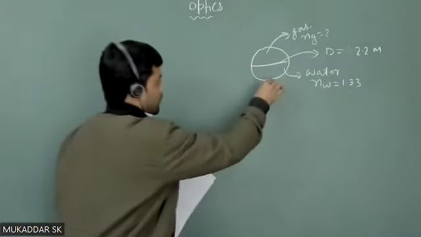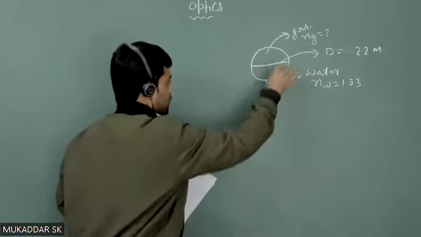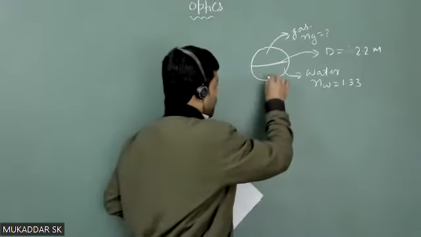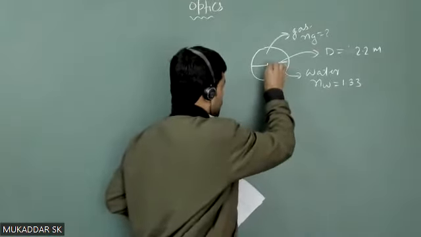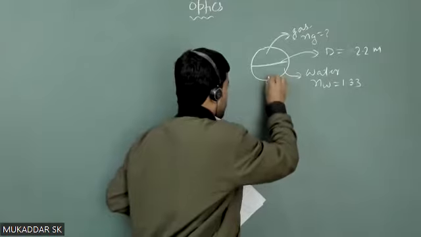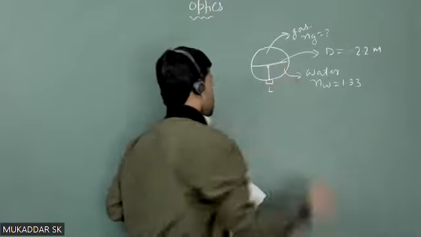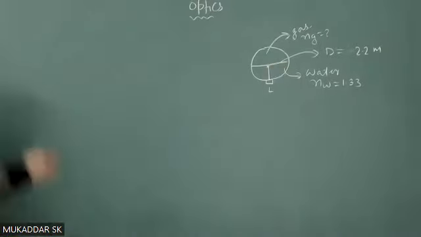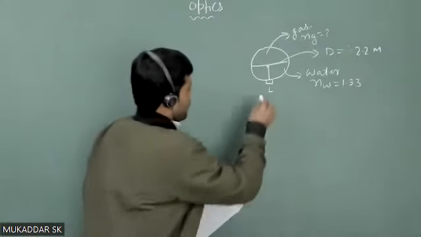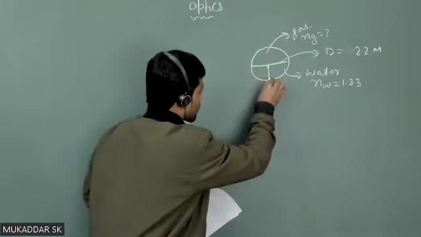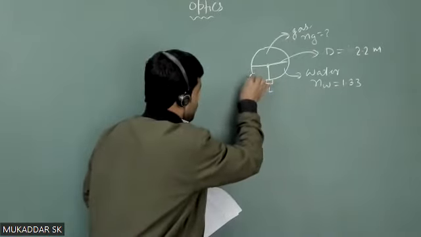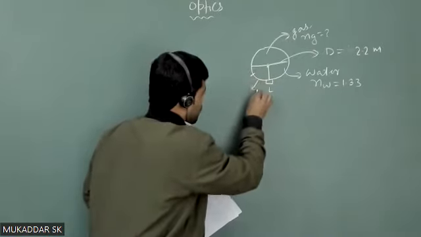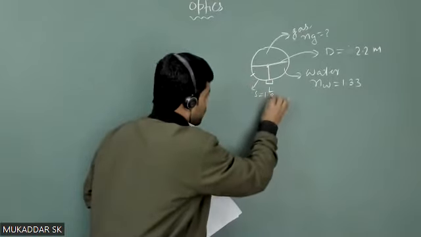This laser source can move on the surface of the cylinder, and the beam from this laser is pointing where? At the center of this cylinder, right? And it is given that when the source is at a distance S equal to how much? 1.09 meter.